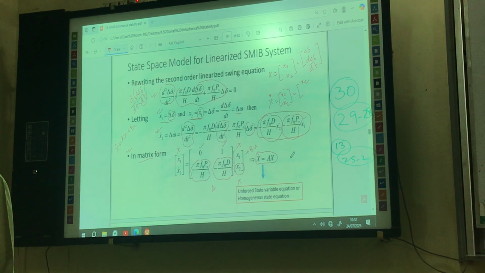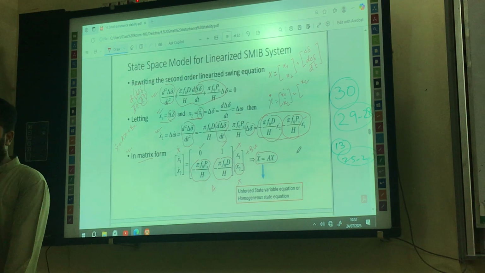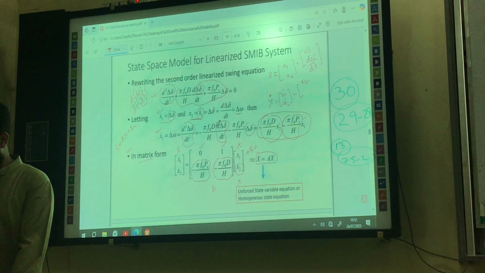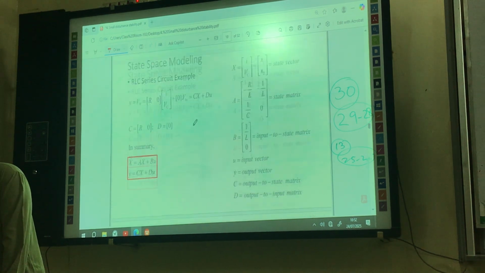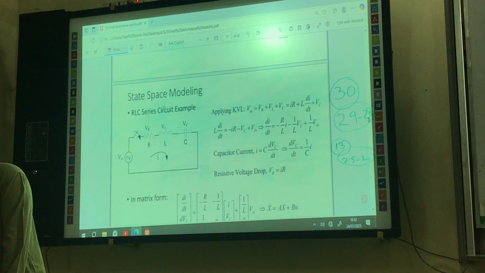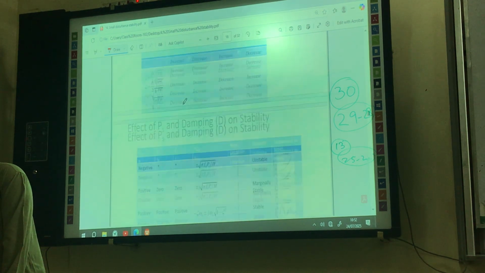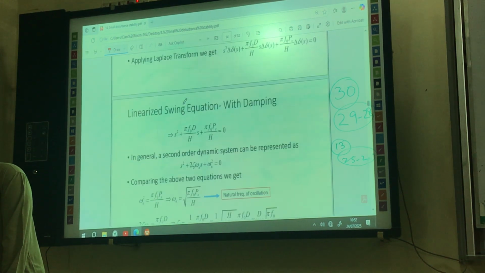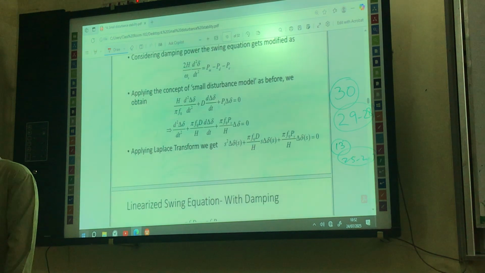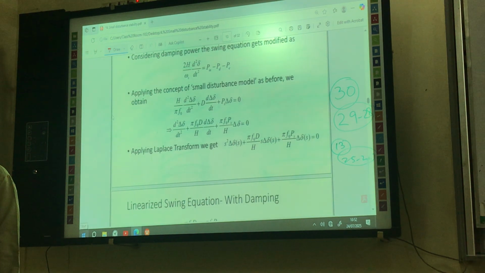So what was our target? Let's go back to our target, otherwise it will be lost. Why are we studying the state space modeling? Previously, this was our linearized equation in the time domain. Then we applied the Laplace transform, and it is now in the frequency domain.